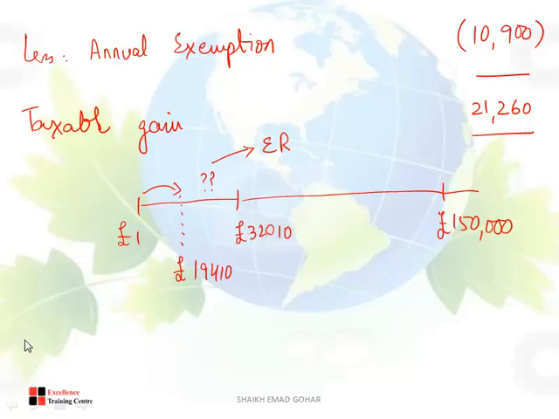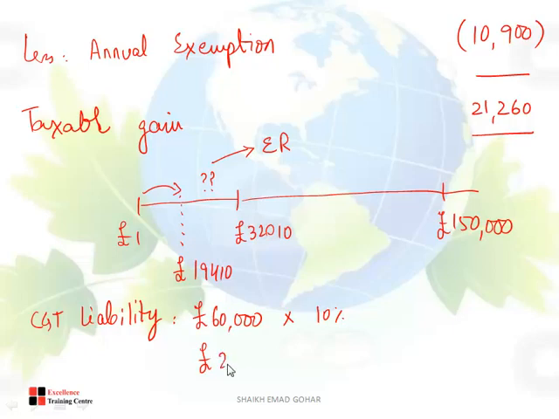So capital gain tax liability, 60,000. Remember those were eligible for ER. What is the ER rate? And how much are the not eligible for ER? 21260. They will be taxable at all of them. Okay, because you are standing somewhere here now.